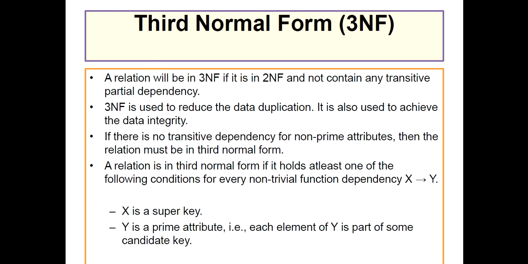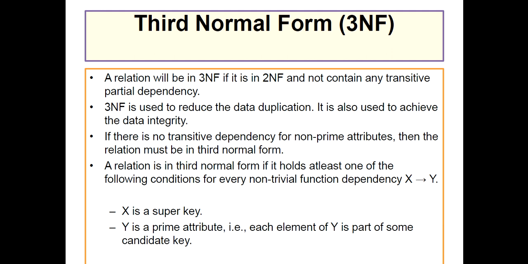Now, if we talk about the third normal form mathematically, you can consider the definition as follows: a relation is in third normal form if it holds at least one of the following conditions for every non-trivial functional dependency X implies Y. X is a super key, or Y is a prime attribute, that is, each element of Y is a part of some candidate key. Got it?